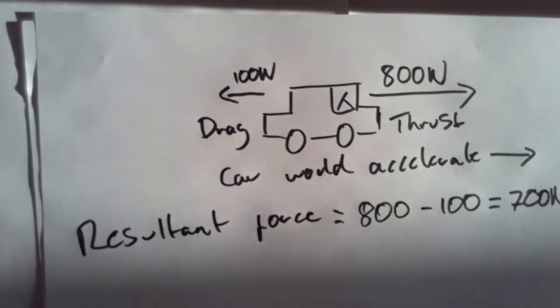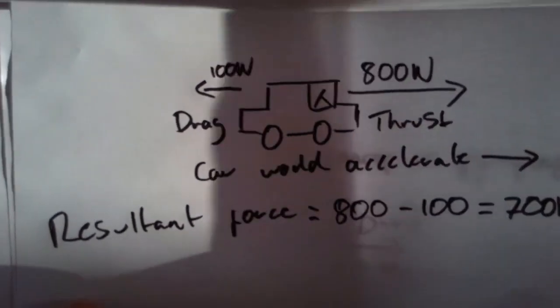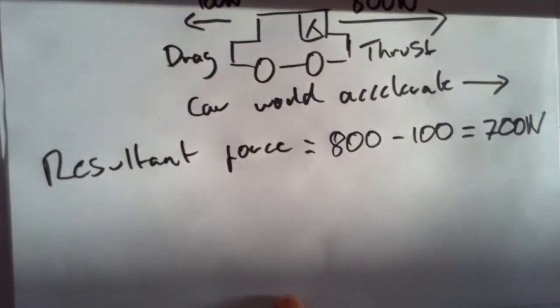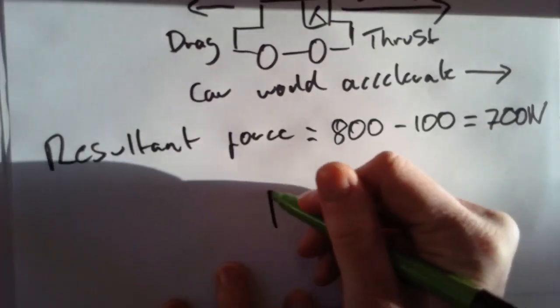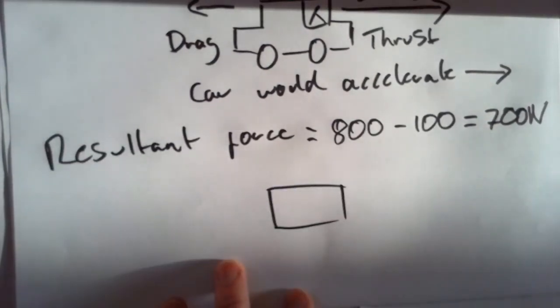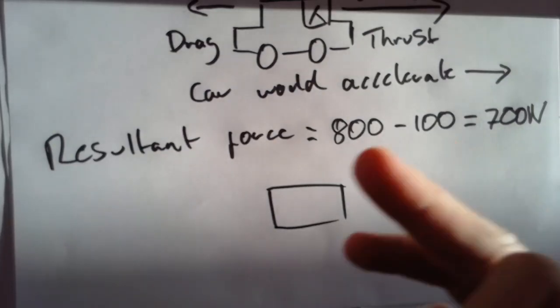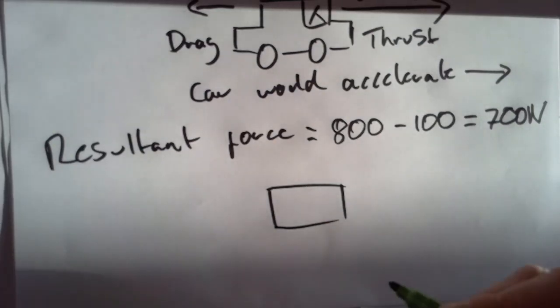So these are nice and simple, just little ways of showing forces acting on an object. You don't always have to draw out a pretty picture like I've done. You could just as easily draw a square, and that could represent any object that you're asked to talk about. And it's not just objects moving side to side.